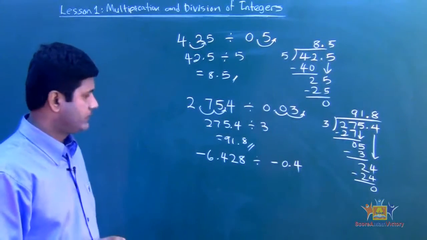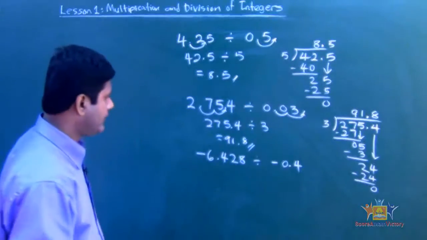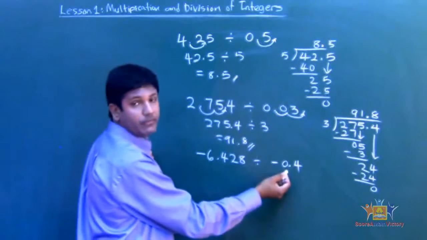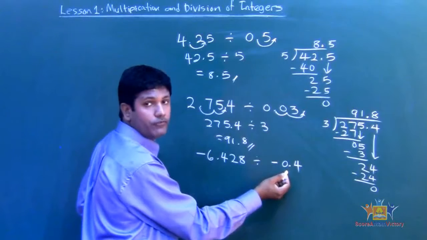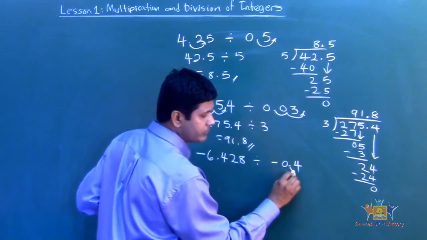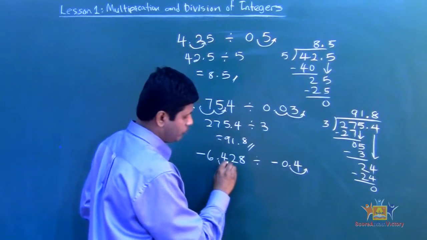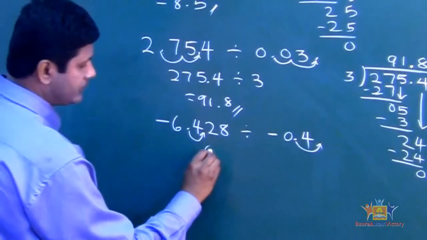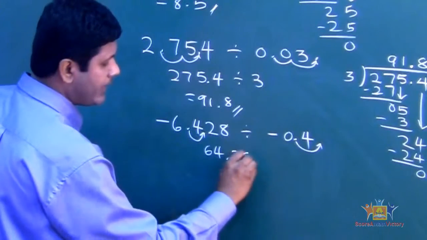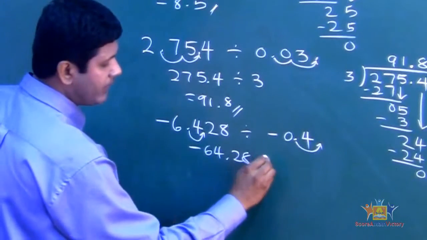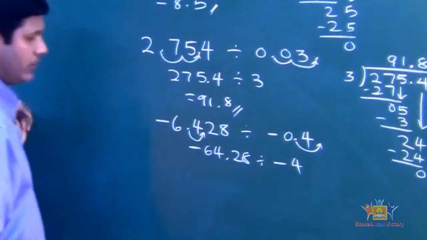So how do I do this? Very good. I have to forget the decimal. I have to move the decimal out of the 0.4 to make it a round number, so I'm going to move once. That means this also moves once. So that becomes 64.28, and make sure you put the negative back, divided by negative 4.